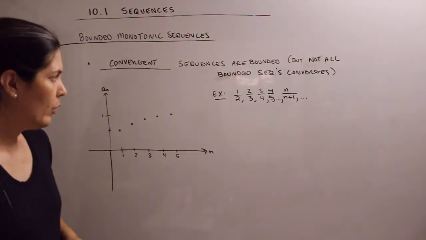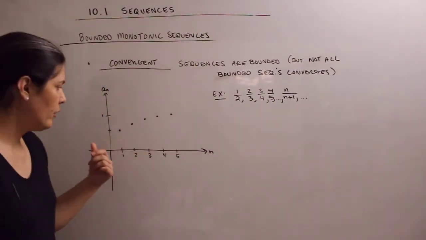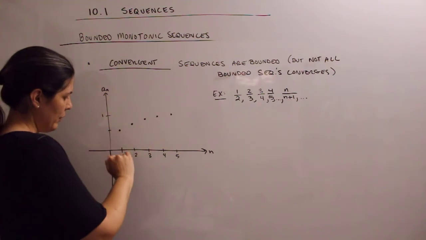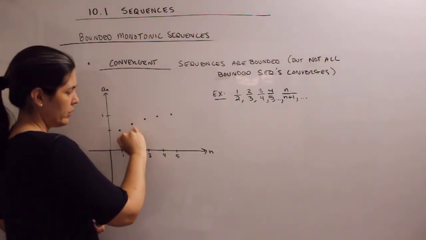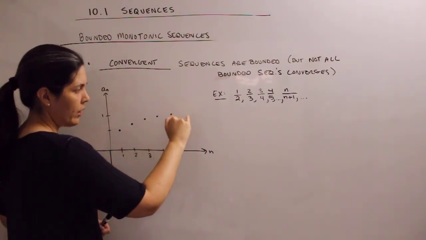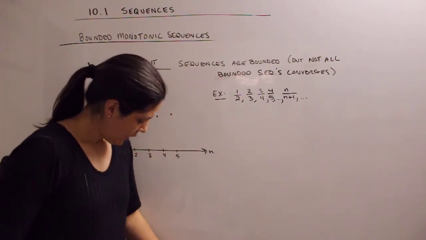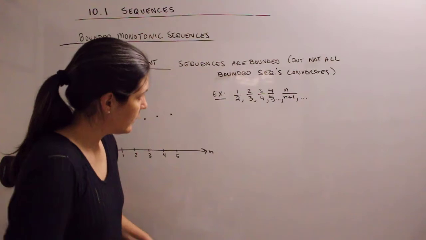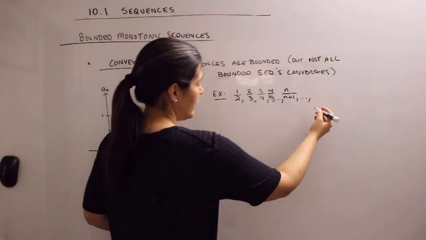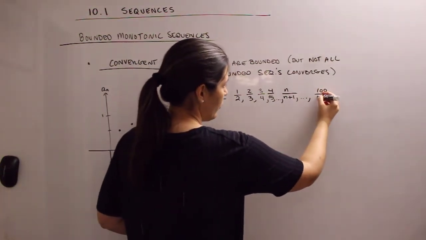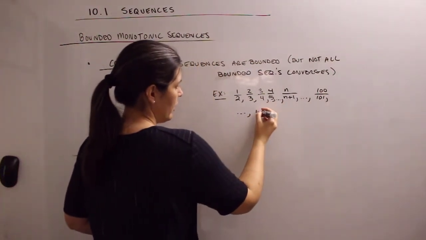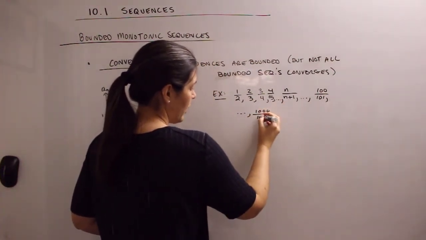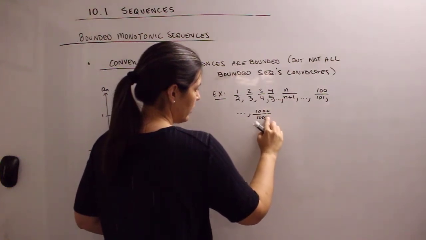Okay, so I graphed some of those points of our sequence, and look what happens. The first term is 1/2, the next is a little bigger, 2/3, the next is a little bigger, 3/4, and so on. But even if I go really high on this list, let's pick 100, 100 over 101. Let's go even higher, 1,000, but then the bottom would be 1,001.